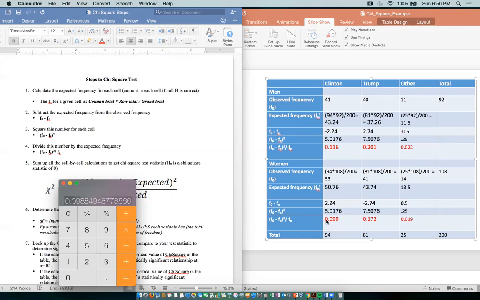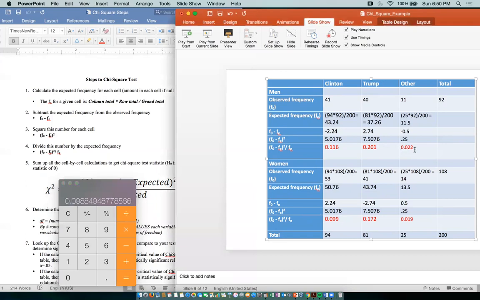And again, rounding to 3 decimal points, I get 0.099. Okay, so I've done that for each of these 6 cells. And I get 6 values here that represent the observed minus expected frequency squared, then divided by the expected frequency.